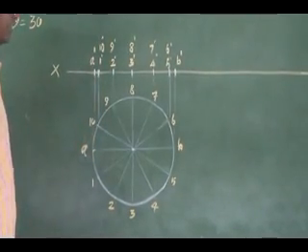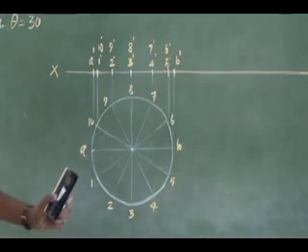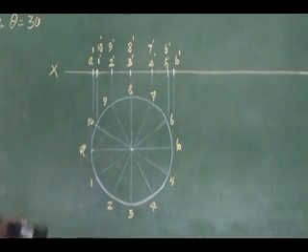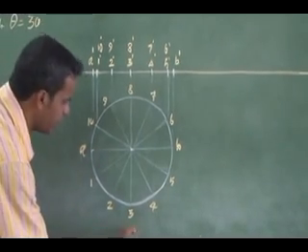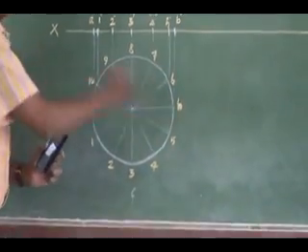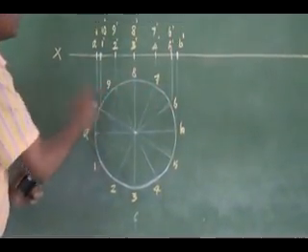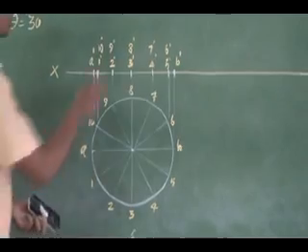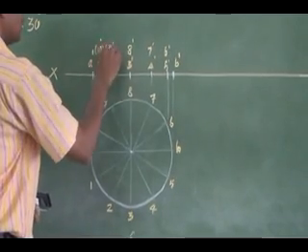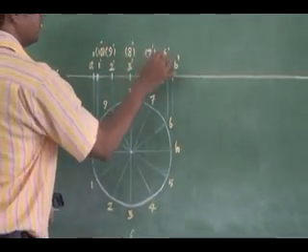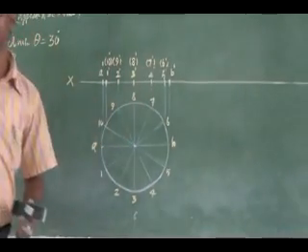See here, which points in the circle are hidden? I am looking at it from here, so the other half, the top half, will be hidden. 6, 7, 8, 9, 10 are hidden.